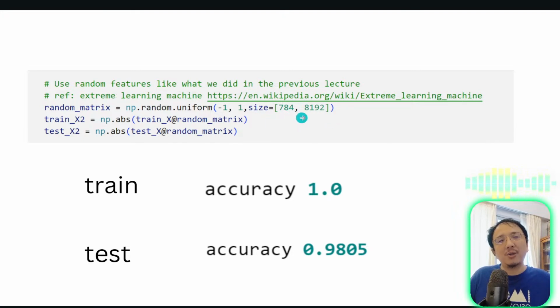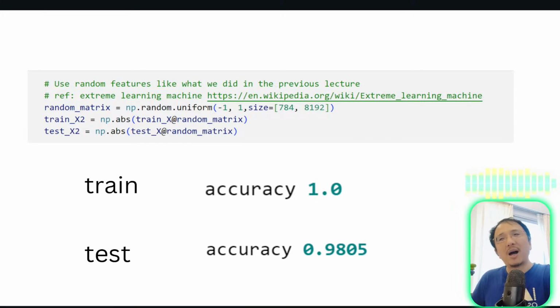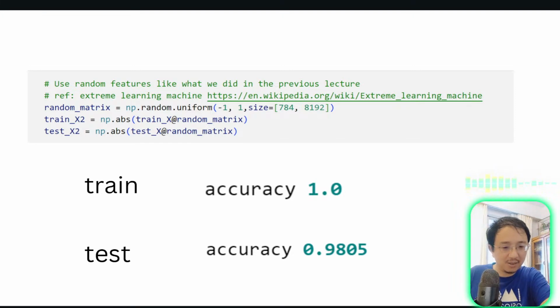If you use only 8,000 random features for linear regression, it would be something like 97.67% accuracy. It's just that if we increase the number of features, it doesn't help that much. This is probably because we're working on a very good data set.